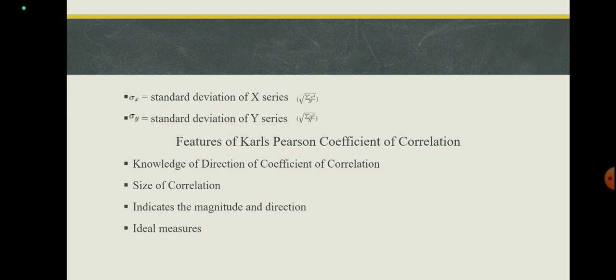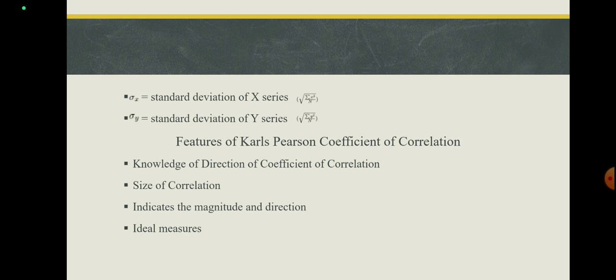This method of measuring the coefficient of correlation gives us knowledge about the direction of relation between two variables. In other words, whether the relationship is positive or negative, which means whether there are strong similarities or dissimilarities between these two variables.